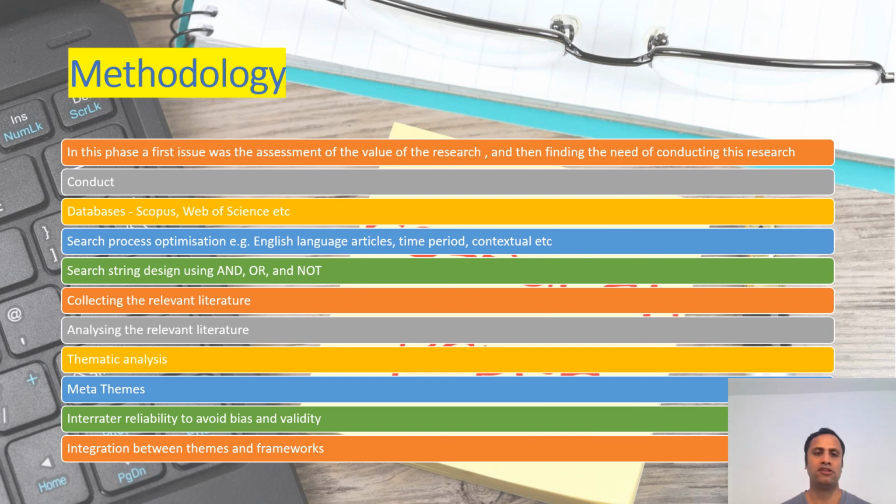In terms of methodology, the first phase is to understand what is the need for carrying out the critical literature review. If the body of knowledge is new, then we need to carry out the critical literature review in order to integrate the conceptual literature in that domain so that new insights could be garnered.